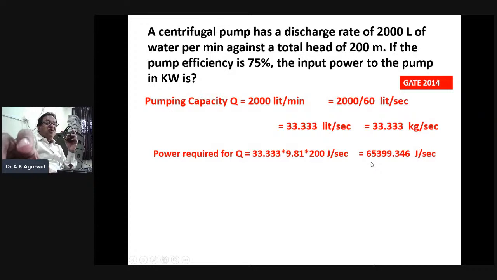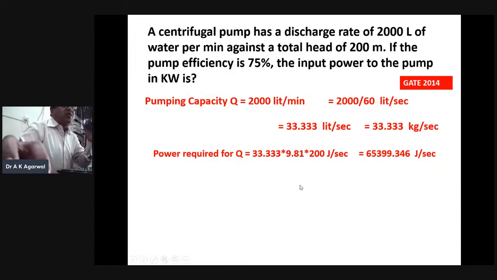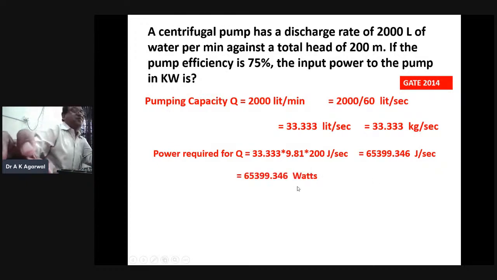This is equal to 65399.346 joule per second, or watt. Divide by 1000, you will get kilowatts. This much power is required, but pump efficiency is only 75%.